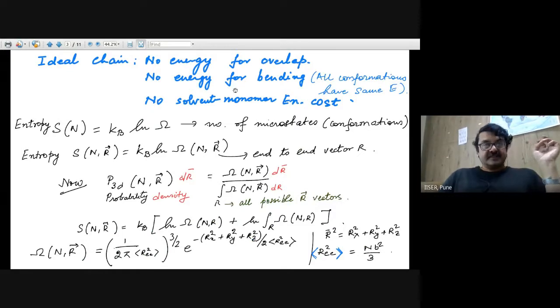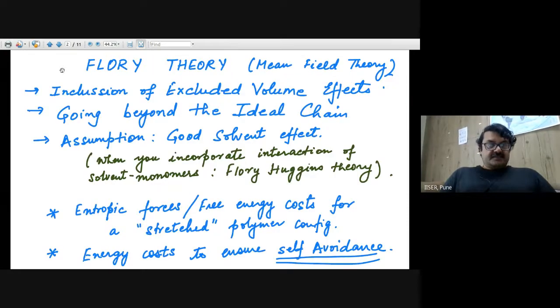We are not considering any energy for bending, so we are looking at length scales above the Kuhn monomer. All conformations have the same energy, sharp bends are allowed, and there is no solvent-monomer energy cost. So we are basically discussing this part right now.